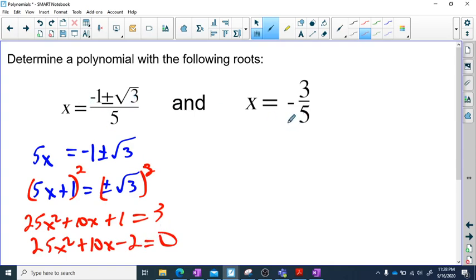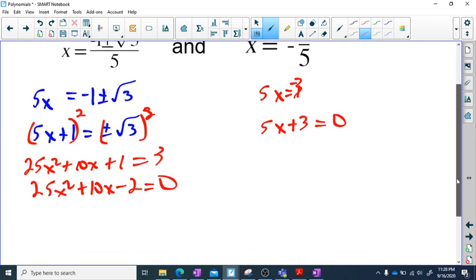Well, this one is linear, so same thing. Let's make it equal to 0. 5x equals negative 3. Move your negative 3 over. 5x plus 3 has got to be equal to 0. Meaning this multiplied by this must make up the original polynomial to give you those solutions.